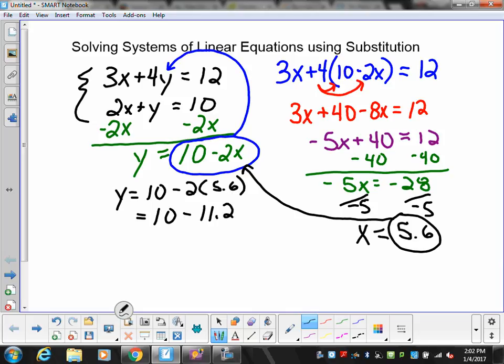So y equals negative 1.2. So my solution is always x comma y. So 5.6 comma negative 1.2.